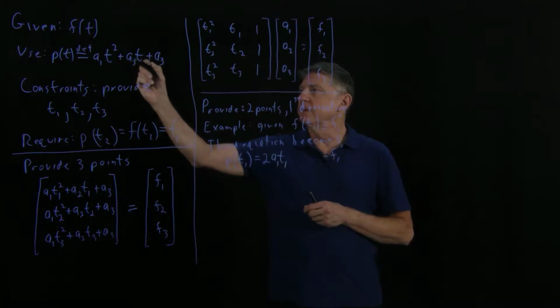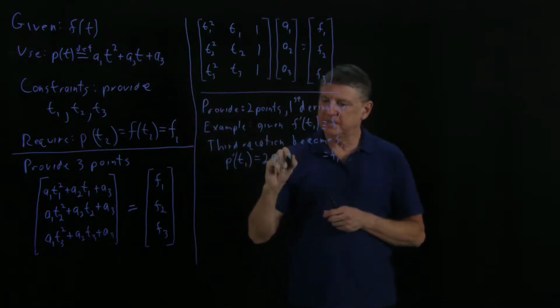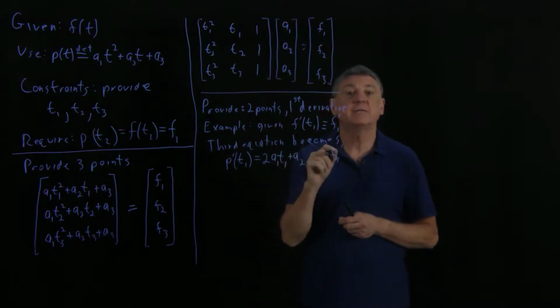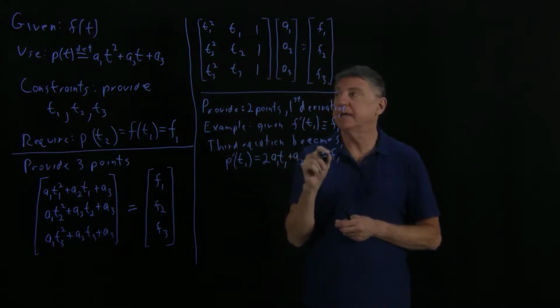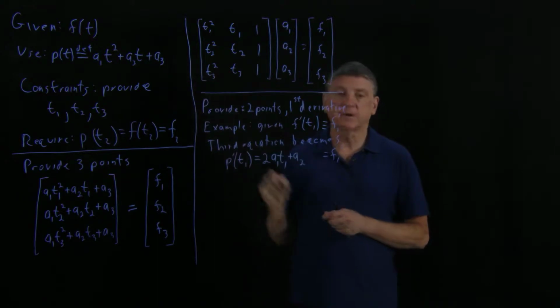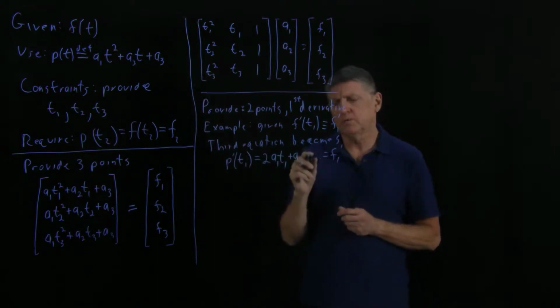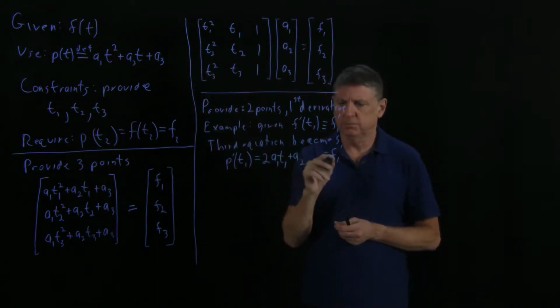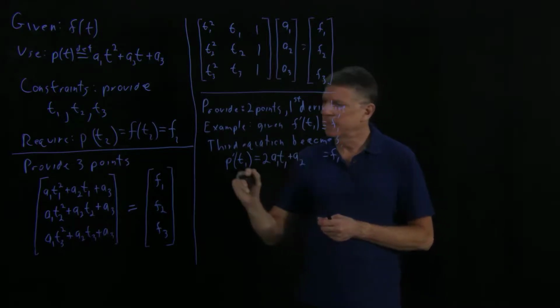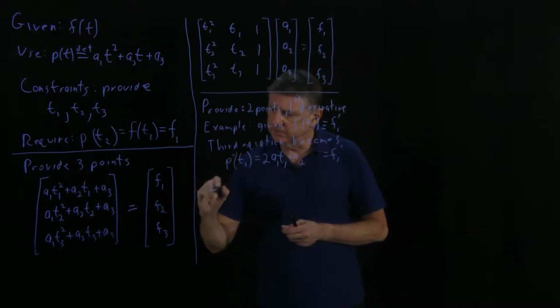The derivative of this with respect to t is simply a2, and then I have nothing that's added because the derivative of a constant is 0. So if you wish, you could put plus 0. I'll omit that.